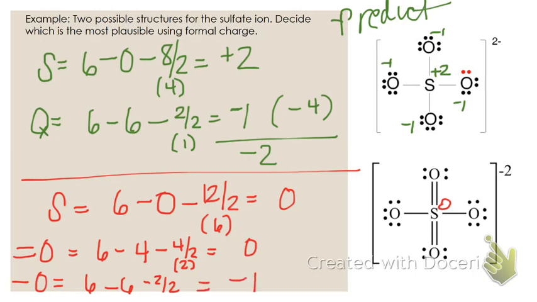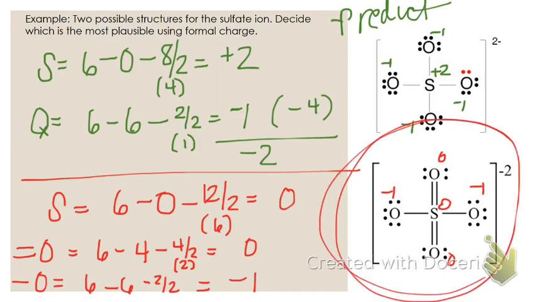So these were 0, these were 0, -1, -1. So it still adds up to the charge of the ion. Based on the formal charge, this structure is actually better. So that would be the correct structure, because I have more atoms with a 0 formal charge, and more importantly, my central atom has a 0 formal charge, which is better. So that's how we do that.